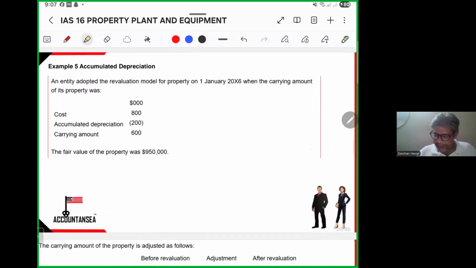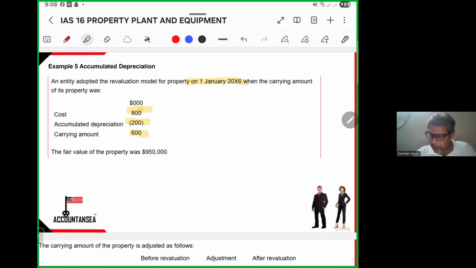So here is another example for you. An entity adopted the revaluation model for property, plant and equipment on 1st January 2006 when the carrying amount of its property was: cost 800, accumulated depreciation 200, so the carrying amount is 600.